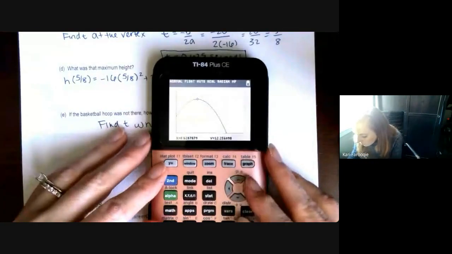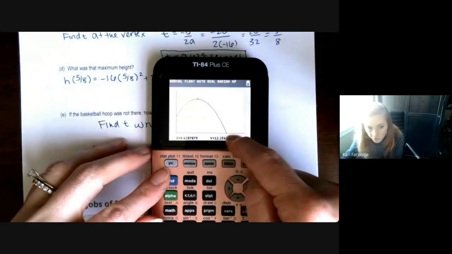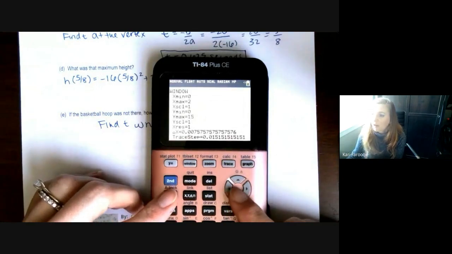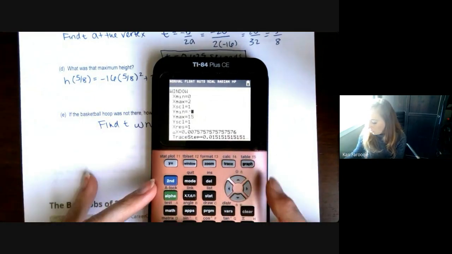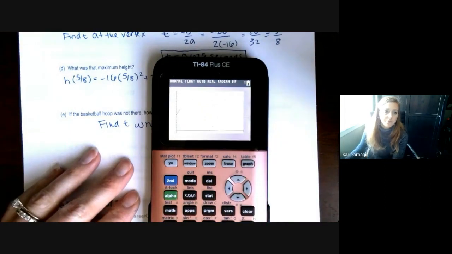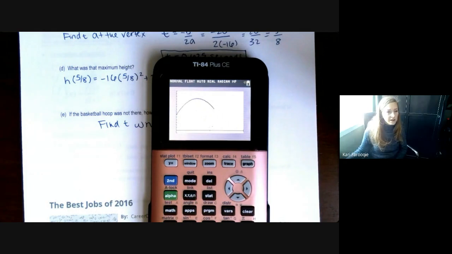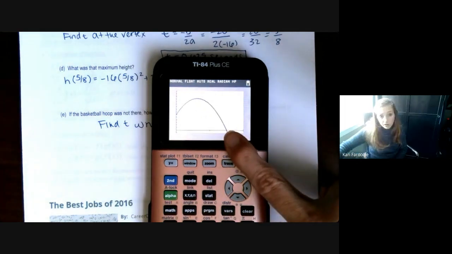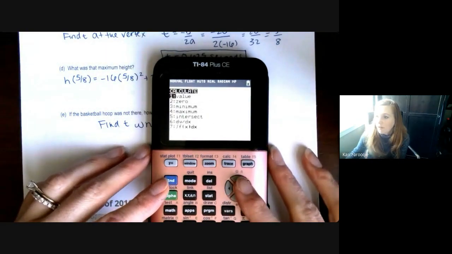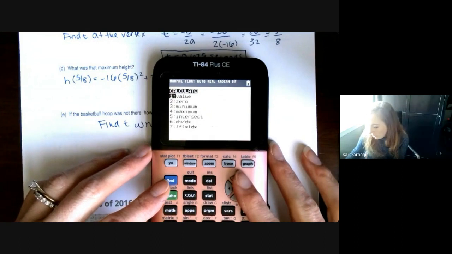I believe to find a 0, it needs a little bit of space underneath the axis. So I'm going to go back to my window, and I'm going to set my y-min to -1 just to give it a little bit of space underneath the x-axis. All right, so it's going to graph that again. So we want to know after how long does it hit the ground? And we can do that by going to second calculate and then finding the 0 value, which is number 2.